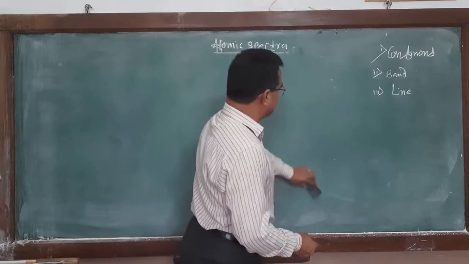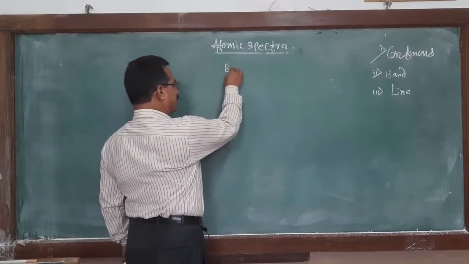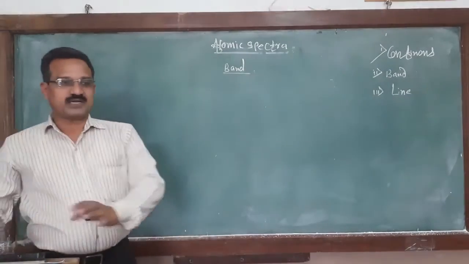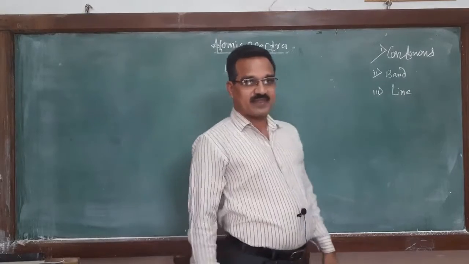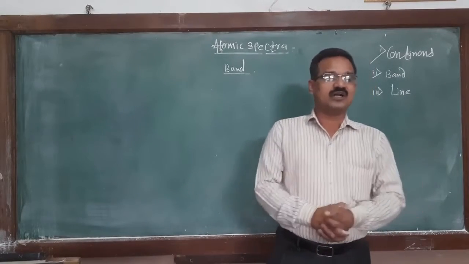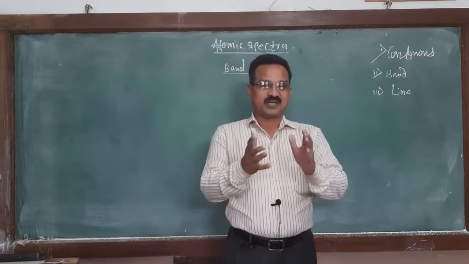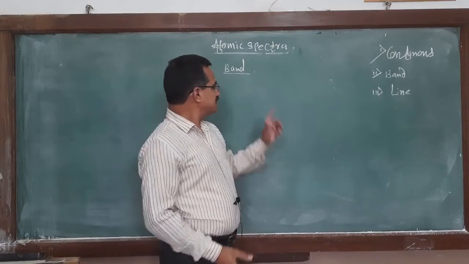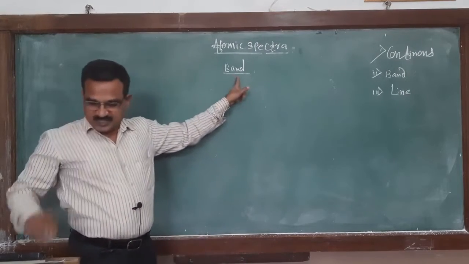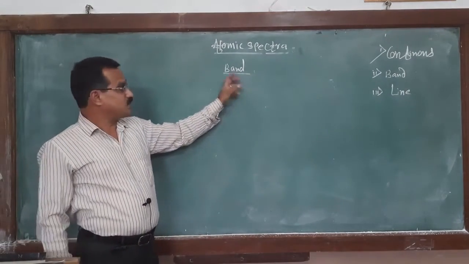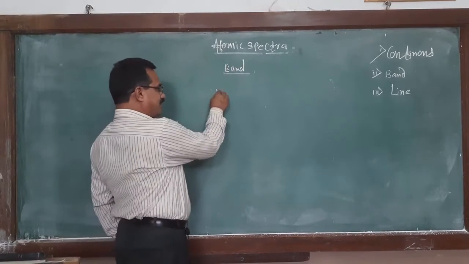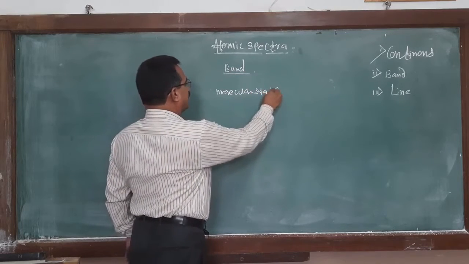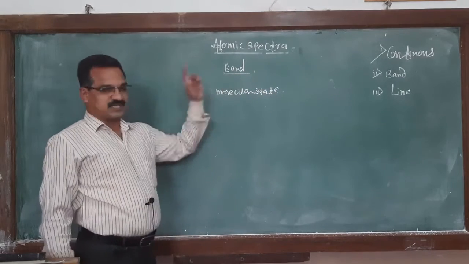Second thing you remember, band spectrum. Band spectrum is also called molecular spectrum, because when the material is in molecular state and a spectrum is obtained from that material, we call it a band spectrum.